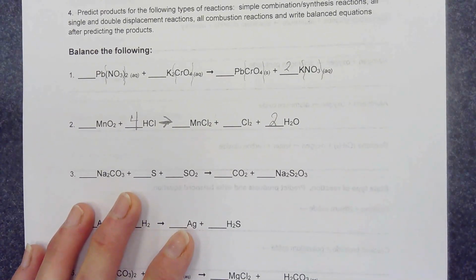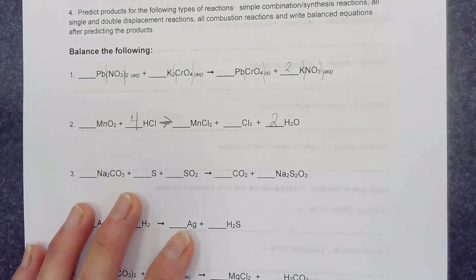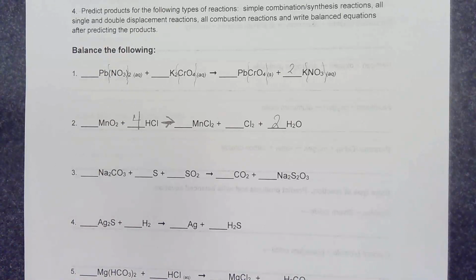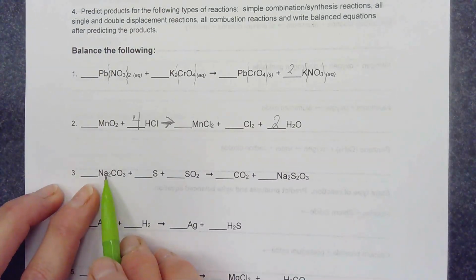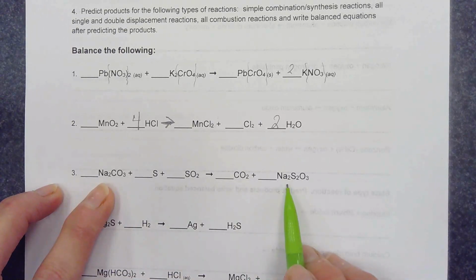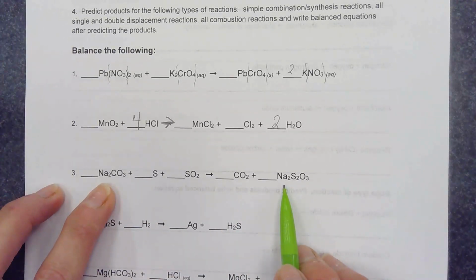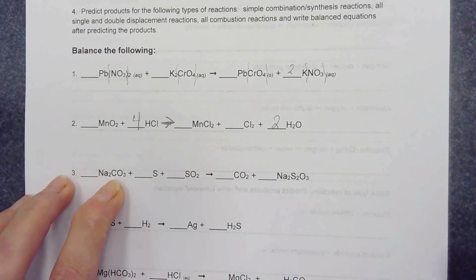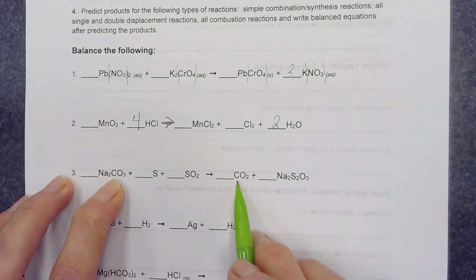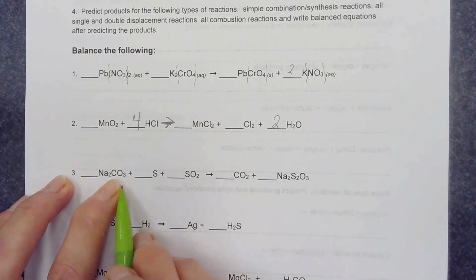All right. This one, is it the same polyatomic ion on each side? No, it's not. So we have to break it down. How many sodiums? 2. How many sodiums on this side? 2. How many carbons on the left? Carbons on the right? 1. Oxygens on the left.